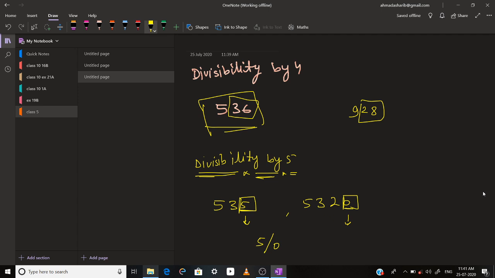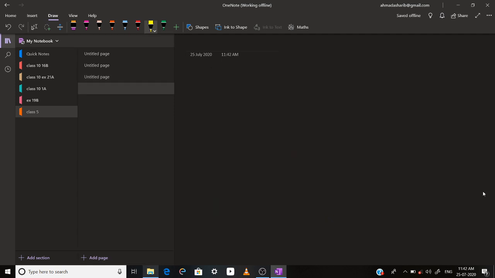Otherwise, for example 3288, the unit place number is neither 5 nor 0, so it is not divisible by 5. The number will be divisible by 5 only if it has 5 or 0 in its unit place.